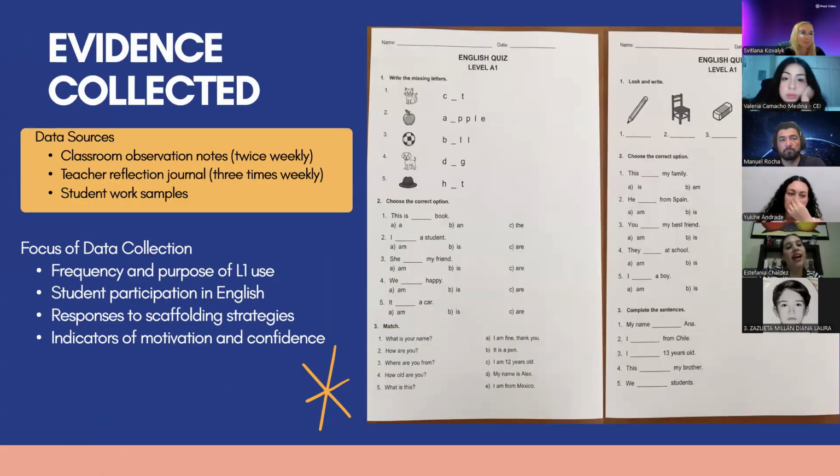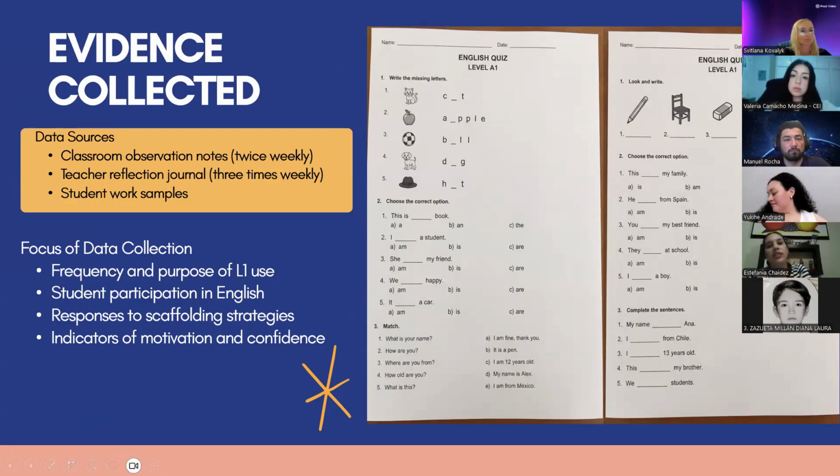Next slide. I have evidence collected. I post here on the slide my English quiz. Here you can see my students are level A1. To understand what's happening in my classroom, I collect different types of data.